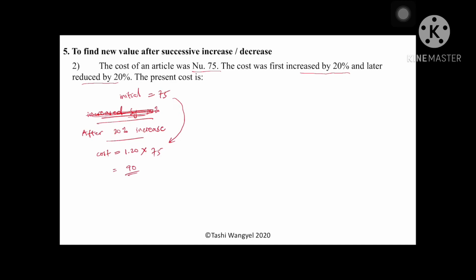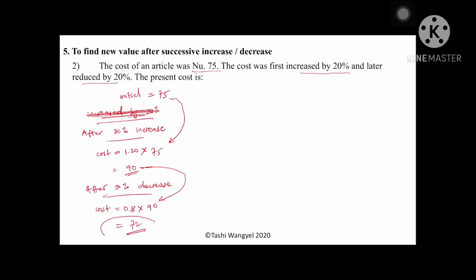After the 20% increase, the cost is 90. Then comes a 20% decrease: 100 minus 20 is 80, and 80% means 0.8 of the amount 90. So 0.8 times 90 is 72.